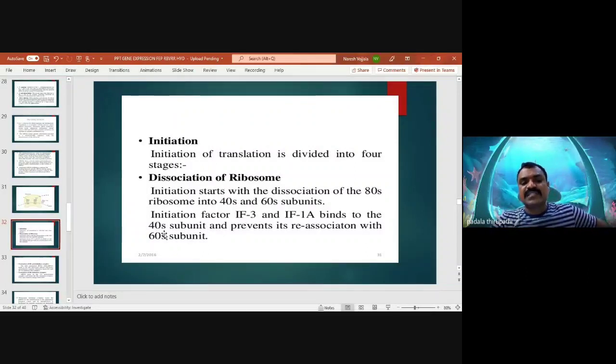Because the 60S subunit could reassociate with the 40S. So IF3 and IF1A bind the 40S subunit and prevent the reassociation of the smaller and larger subunits.